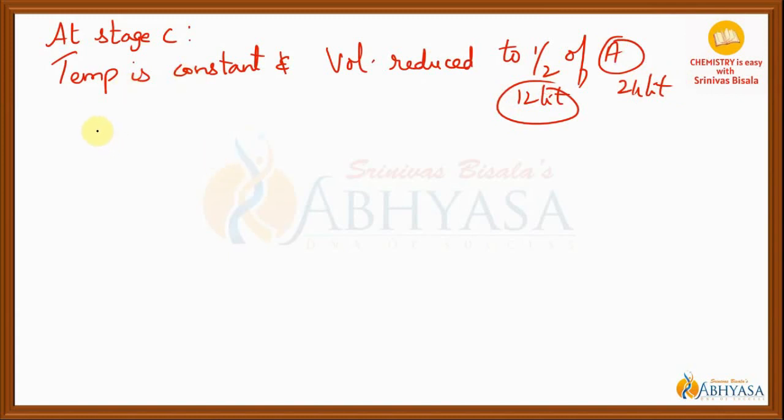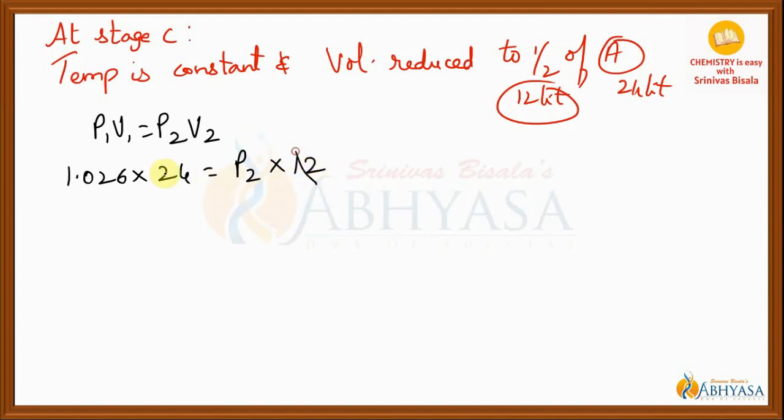Temperature is constant, so the relation between pressure and volume is P1V1 = P2V2. We know the initial pressure as 1.026, initial volume as 24, then P2 we need to calculate and the volume is 12. So this goes 2 times, and here the pressure is nothing but 2.052 atmospheres. So that is about the calculation of pressure at the 3 stages A, B and C.